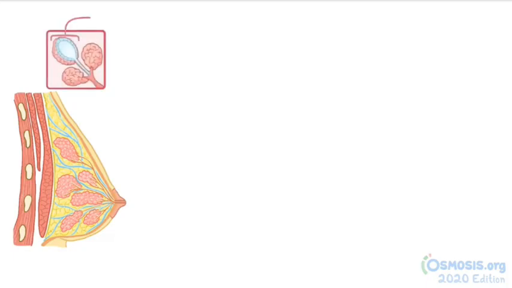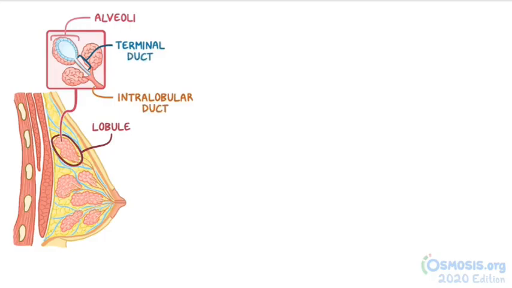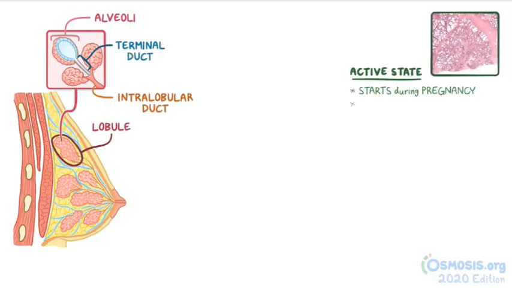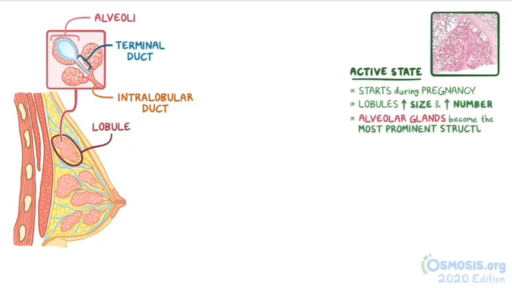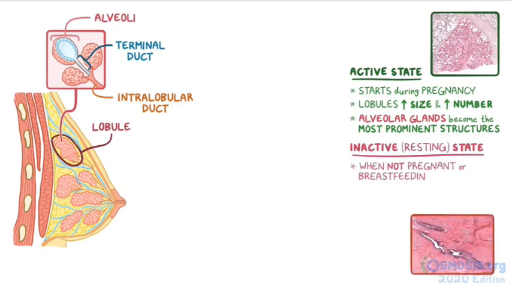Alright, as a quick recap, the mammary glands consist of alveolar glands that are organized into lobules, along with the terminal and intralobular ducts that drain the alveoli. The active state starts during pregnancy when the lobules increase in both size and total number, and the alveolar glands become the most prominent structures in the breast. The inactive or resting state is when an adult female is not pregnant or breastfeeding.